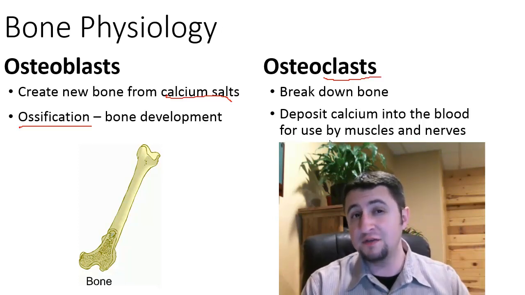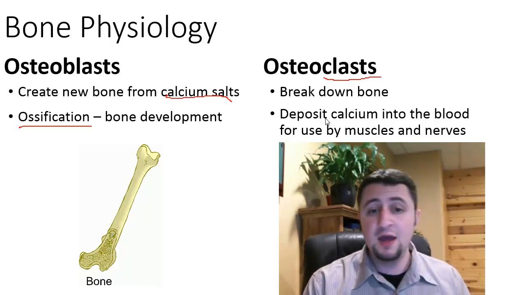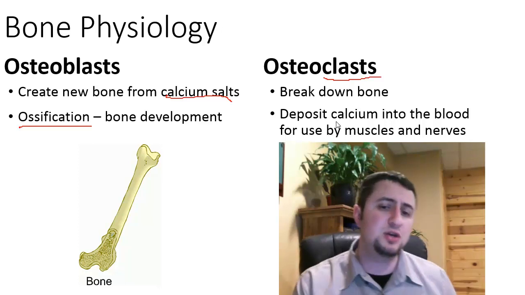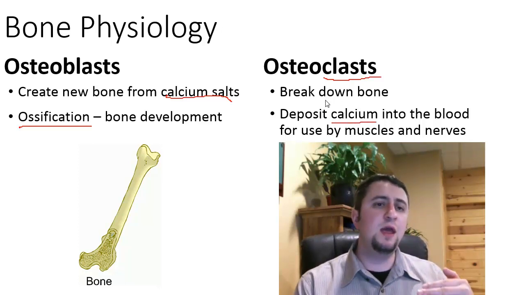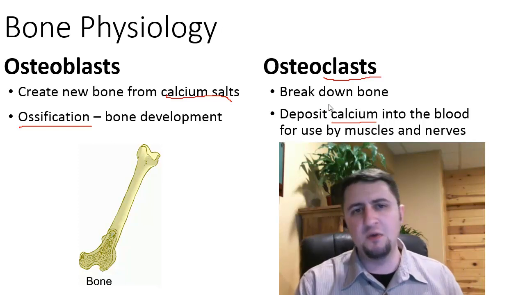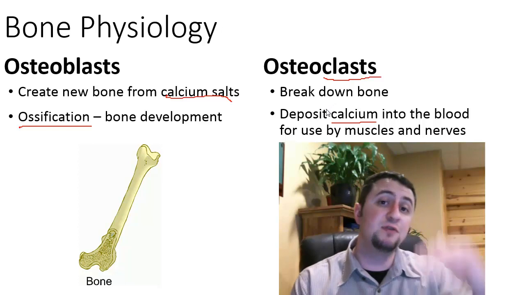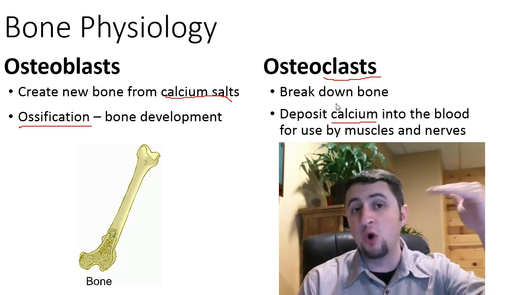If we didn't have calcium, we wouldn't be able to think. And so it's very important that we have a certain concentration of calcium in our blood. If you haven't eaten in a while, your body says, well, hey, we've got to get that level of calcium back up into the blood, back to a good normal level.